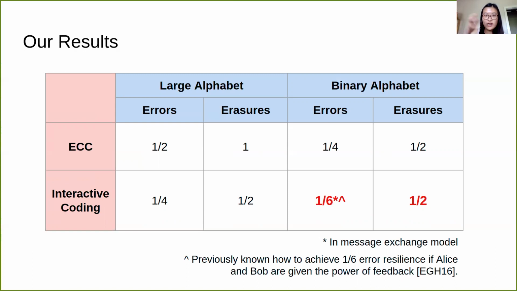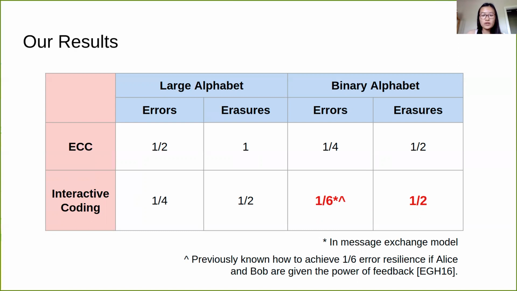So if there was an error, if the adversary corrupted it, I also get to know what the receiving party received, which allows me to tailor my messages in the future to what I know they've seen so far. So I can basically give them the piece of information they need to hear at all points in time. So what we're showing here is that you actually don't need feedback to get the 1/6 error resilience.